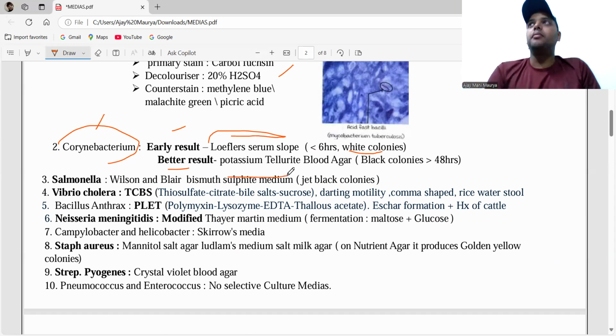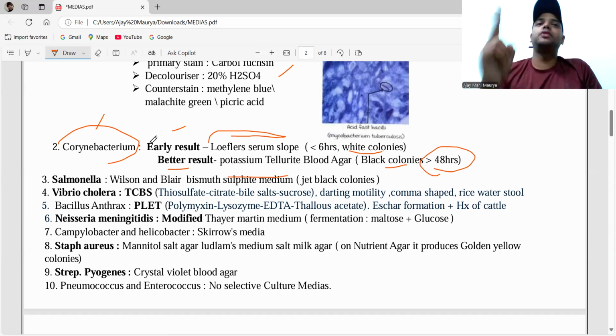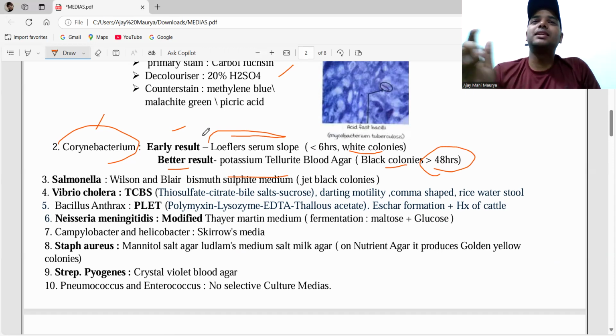It forms black colonies, and the result will come after 48 hours. Corynebacterium, two things: for the early result, it is the Loeffler's serum slope; better result is the potassium tellurite. If they ask which is the best one, it is the potassium tellurite blood agar.